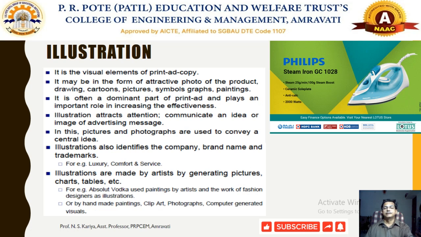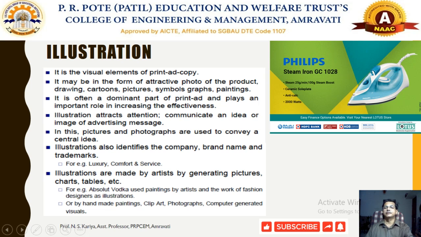Illustrations are generally seen in the advertisement in the form of visual elements. Whatever visual elements are made available through the advertisement, that is called the illustrations. Illustrations can be presented in the form of attractive photos of the product, drawings, cartoons, pictures, symbols, graphs, and paintings.